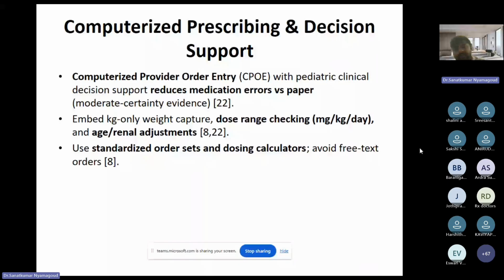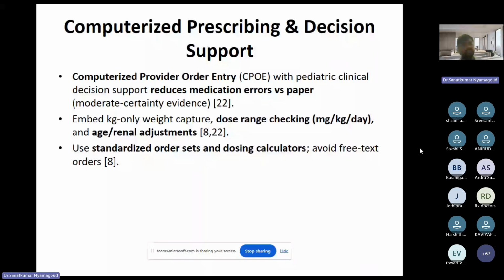And if not, many times it is better to use calculators to calculate the dose. Avoid any type of free text orders, even though many times they do it, due to heavy workload in medical practice. But you should always try to check once again, check the exact dosing and dispense.